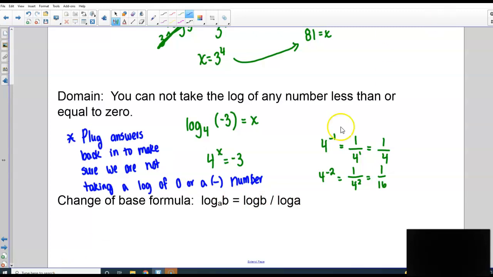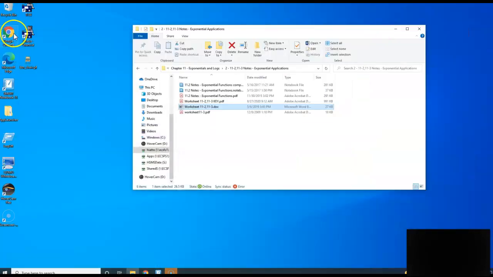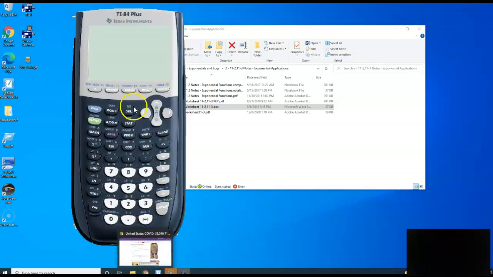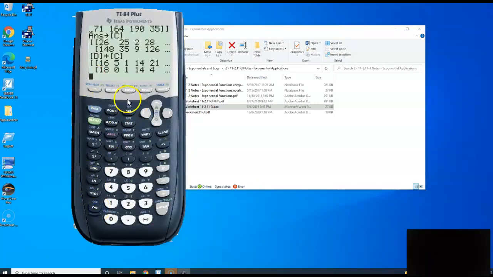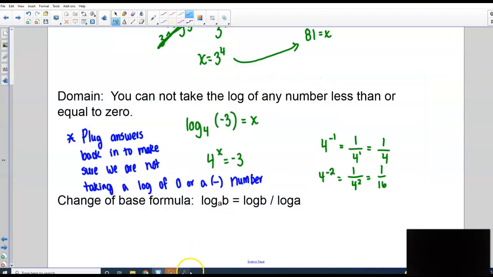So, in the calculator, let's see if this works for me today. And I actually just prefer to do this either way. It's just easier to type in log. For example, let's say that we're doing log base 4 of 12.